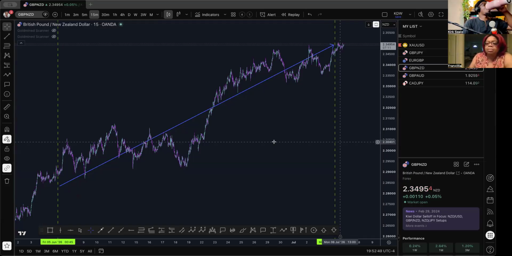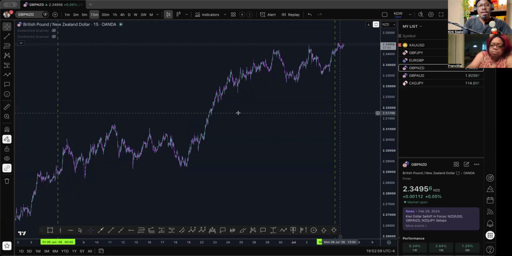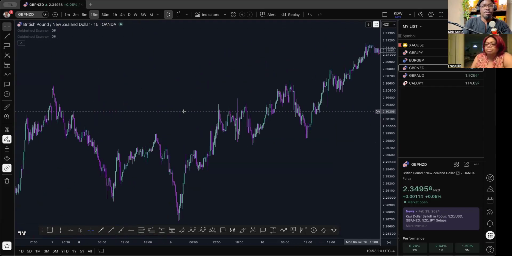Uptrend. All right, cool. We're in a bullish trend. Price is going up. And if you're in a bullish trend, are we looking for buys or sells? We're looking for buys. All right, good stuff.